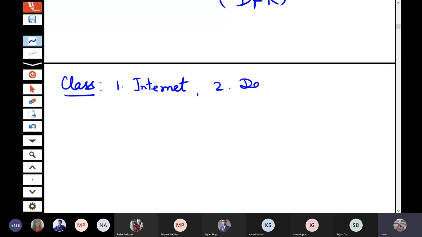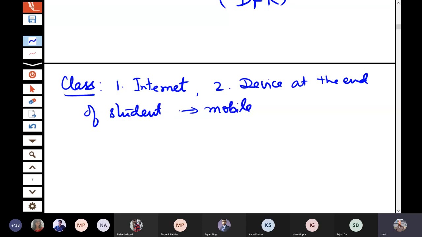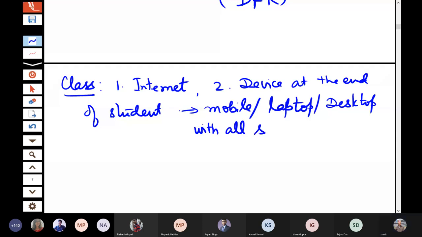See, so device, okay, at the end of the student, which includes a mobile or laptop or desktop with all supporting equipment.